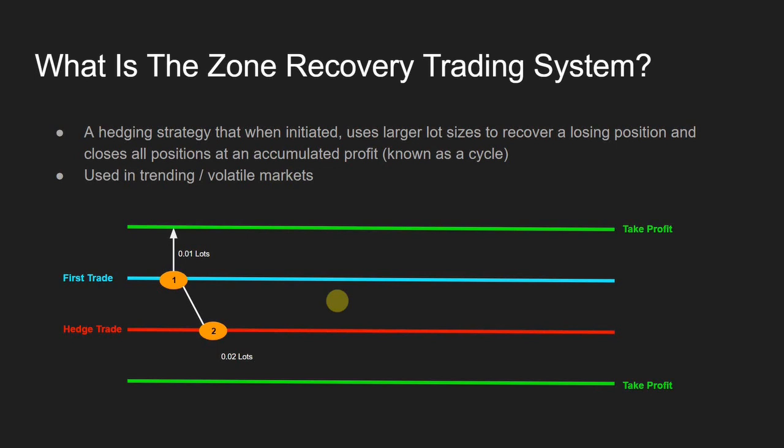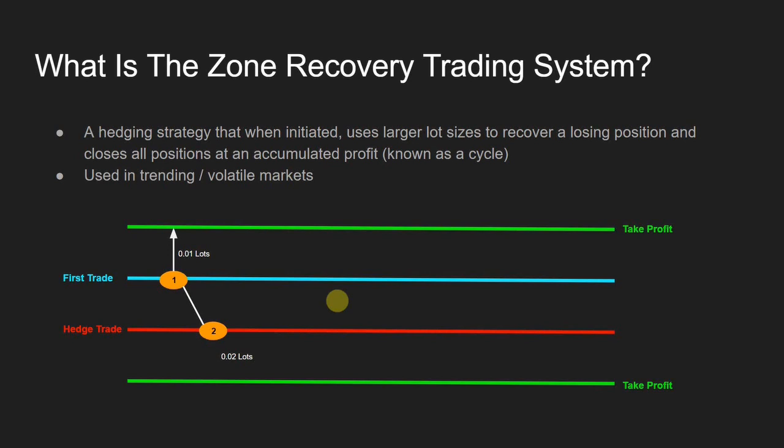So we've got two open trades: a buy that has gone against us at 0.01 lots, and now a sell trade for a higher lot size, 0.02 lots, with a new take profit target.